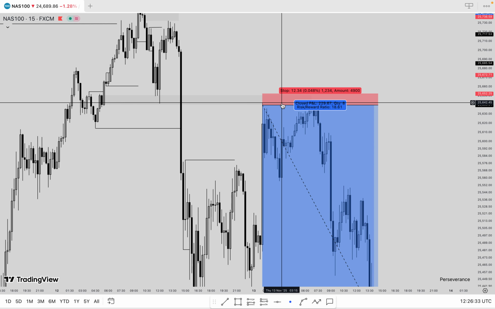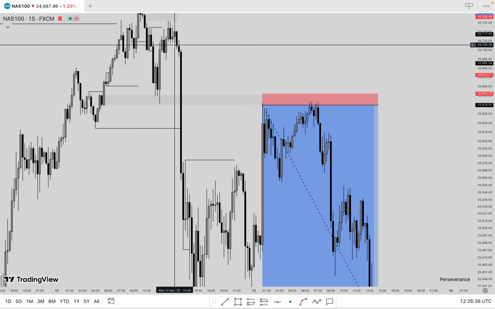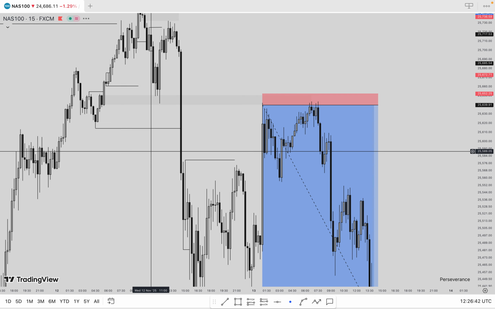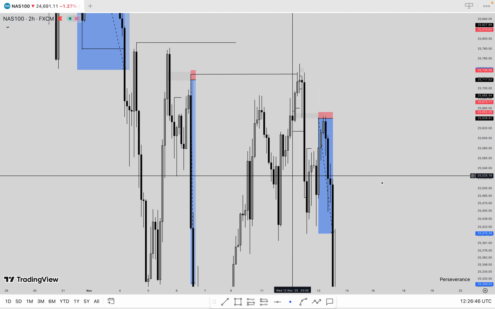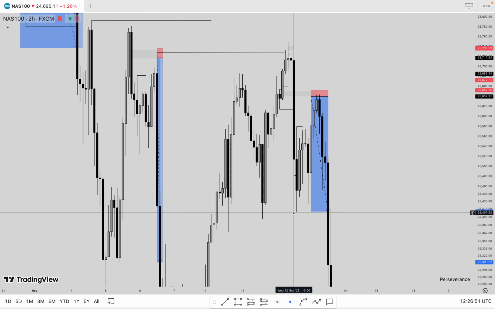That was when I took this sell, and as long as price has broken past this other block level, it just confirms that the bearish trend is now back in line. So that is the reason why I targeted this recent low.